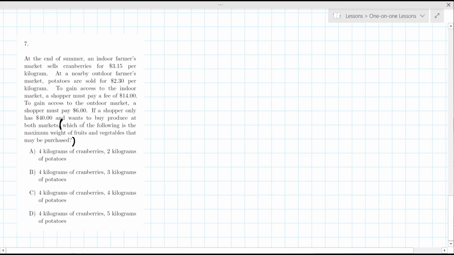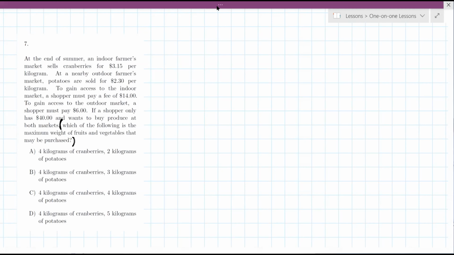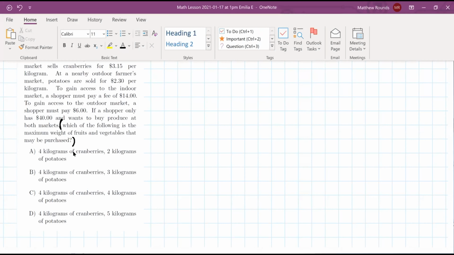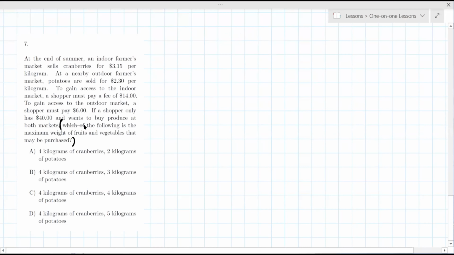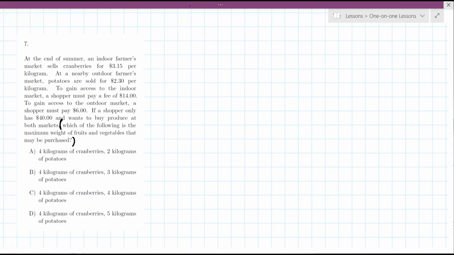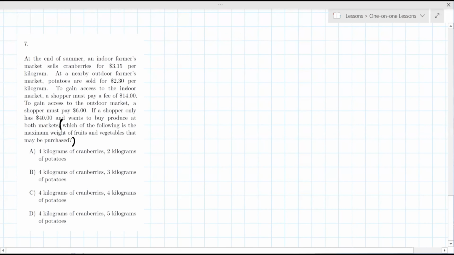I'll read it out loud. Which of the following is the maximum weight of fruits and vegetables that may be purchased? Whenever it says "which of the following," that's a big deal. It means you literally have to almost check each answer, and that's very slow.